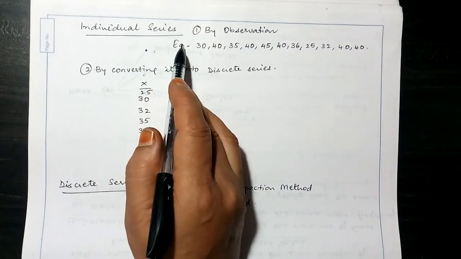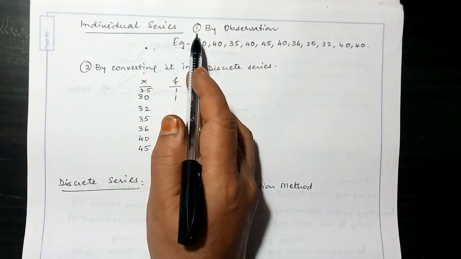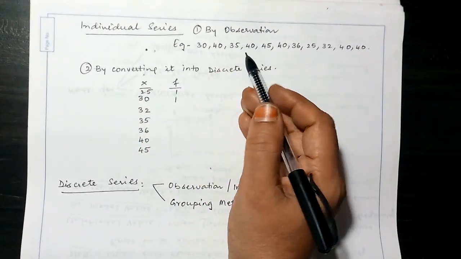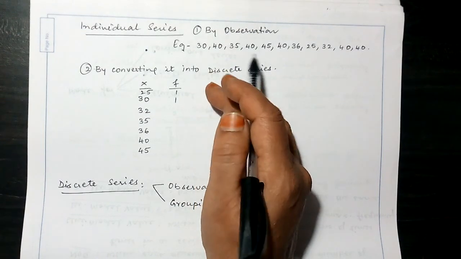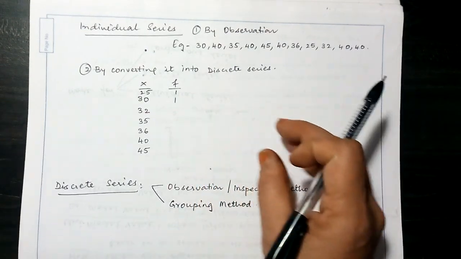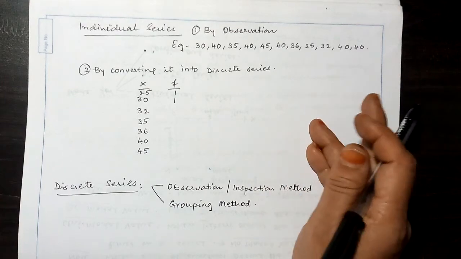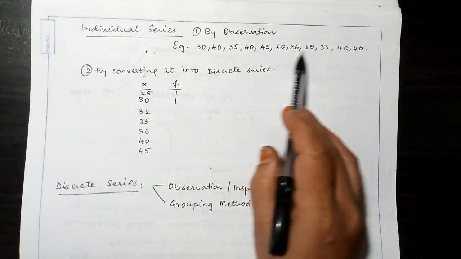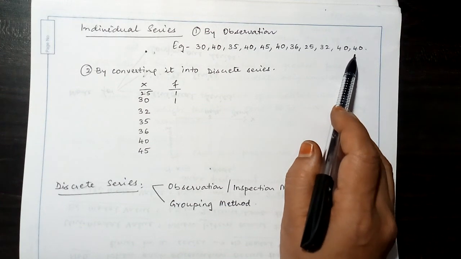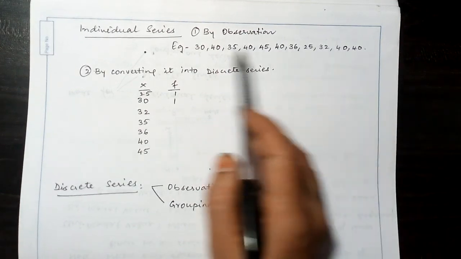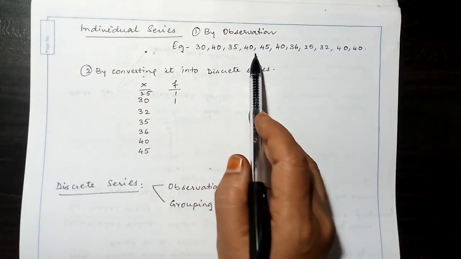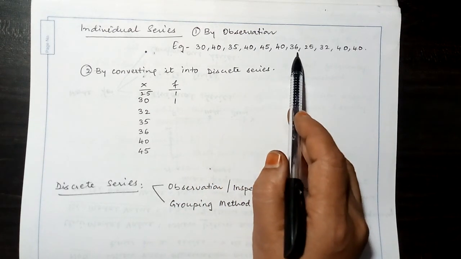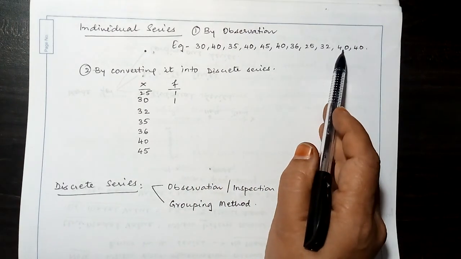Now, mode for an individual series. It can be done by simple observation. Since an individual series is the value pertaining to that particular individual and there is no frequency involved in it, we can simply look at it, that is by observation, and find out the mode. 30, 40, 35, 40, 45, 40, 36, 25, 32, 40, 40.